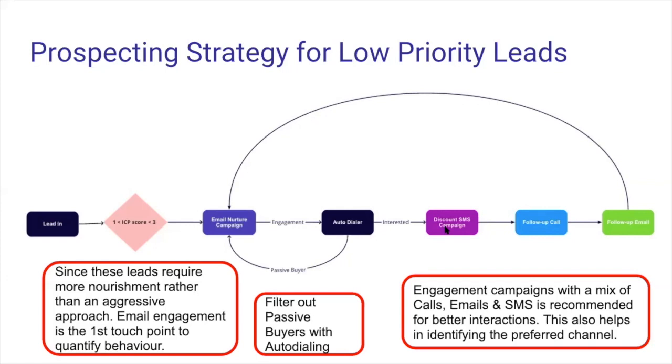Now, an SMS campaign gives you more push. It gives you better chances of a response. And then there are, of course, follow-up calls and follow-up emails. If after all this you see that there is a certain interaction that maybe needs more nurturing, then you can, of course, circle it back. And that is something that we do.